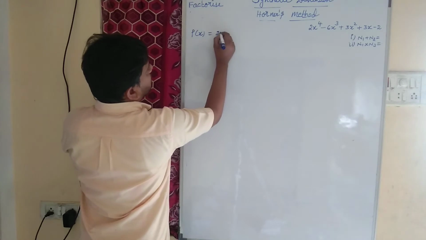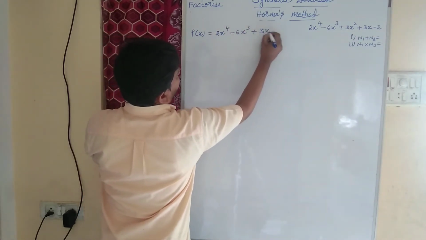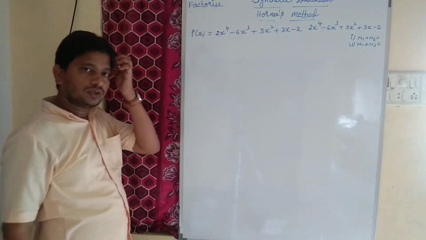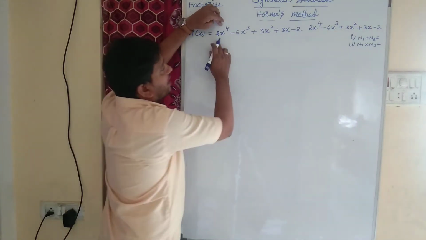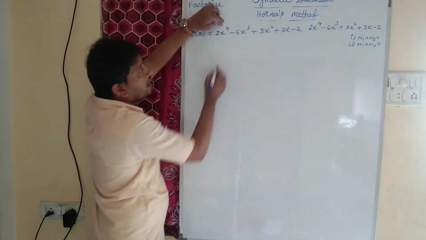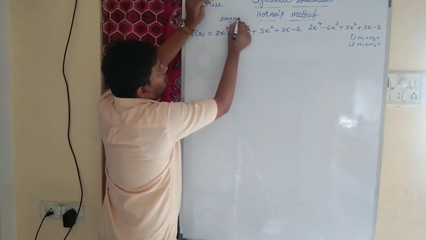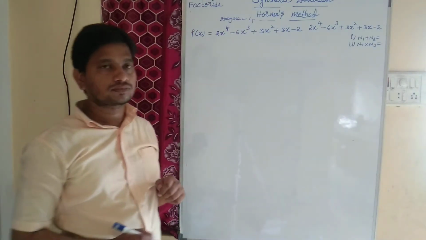So here what is the degree of the given polynomial? Among these terms, the highest degree is 4, hence degree is equal to 4.